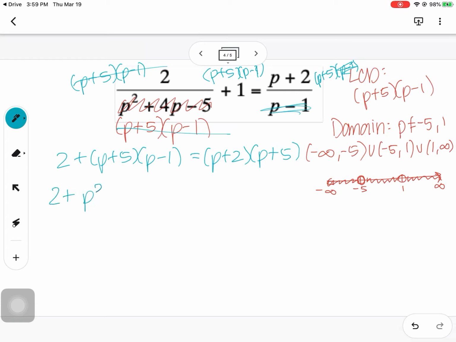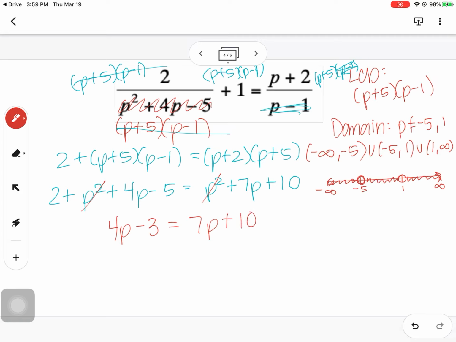I'm going to have to multiply this all the way out, so 2 times this becomes p squared plus 4p minus 5 equals p squared plus 7p plus 10. And if I try to combine some like terms, what I notice right away is these p squareds just cancel. So this isn't going to be a quadratic equation, it's going to be a linear equation that I have to solve now.